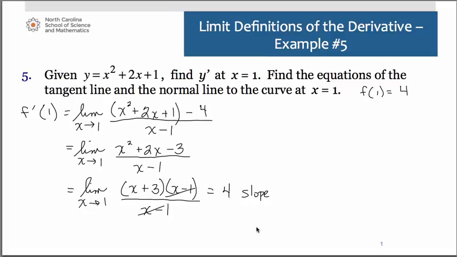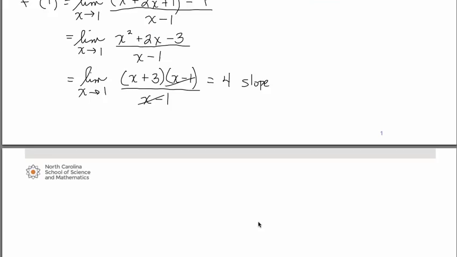So now we can use that to write the equations of the lines we need, because you probably and hopefully remember from algebra that in order to write the equation of any line, you must have the slope. That is what the derivative provides for us. So let's find the tangent line equation first.